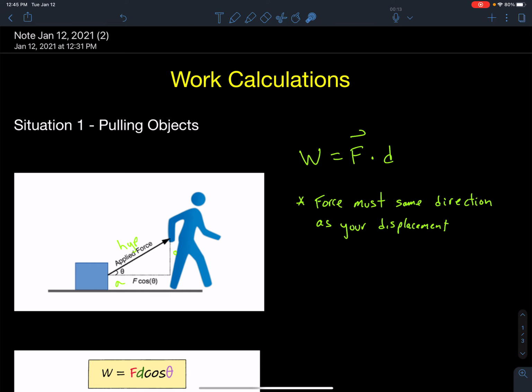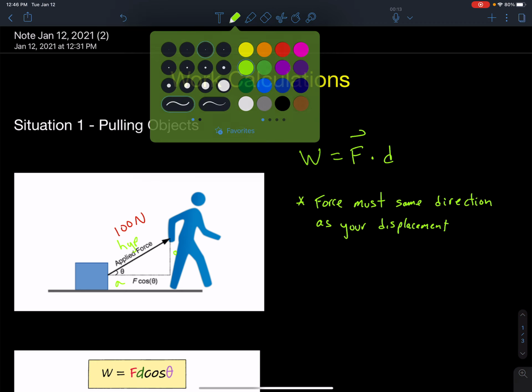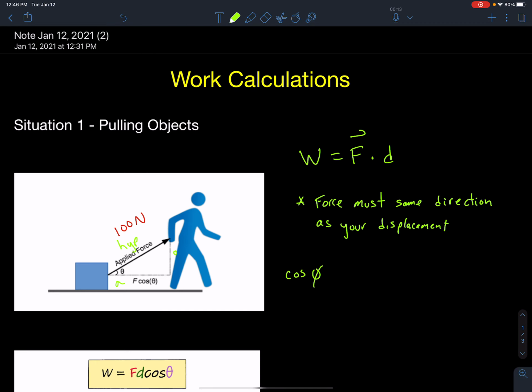So let's say that I am pulling that rope with 100 newtons. Well, the amount of force that I'm actually pulling horizontally with, so just remember that cosine theta is equal to my adjacent over my hypotenuse.